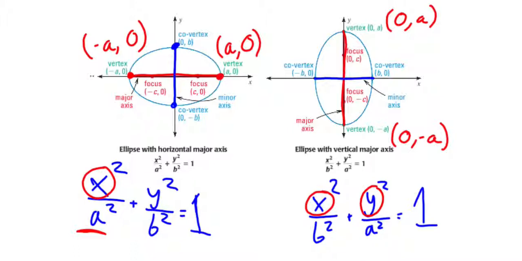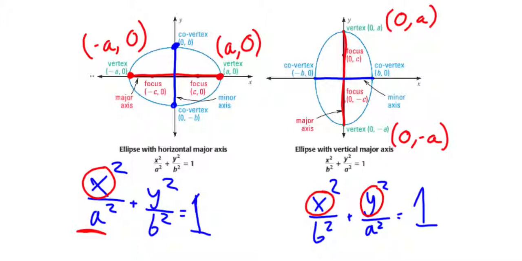Maddie? So when you're solving for a, whichever one's bigger is going to be a, on the bottom. Why would the a value always be larger? Because the major axis is larger.